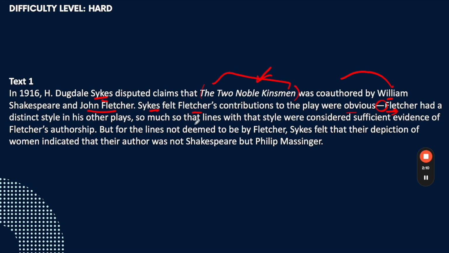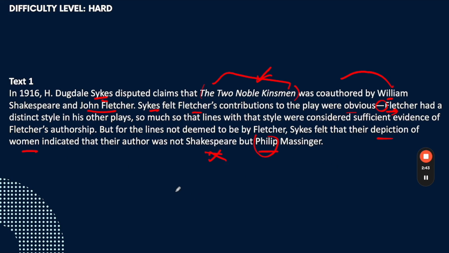Let's read ahead. But for the lines not deemed to be by Fletcher, Sykes felt that the depiction of women indicated that their author was not Shakespeare but Philip. And when it comes to William Shakespeare being the author, Sykes feels that he wasn't part of the book. So the lines that Fletcher wrote were very obviously written by him, and for the lines not written by Fletcher, because of the way women were depicted, he feels that the book was written by Philip and not Shakespeare.